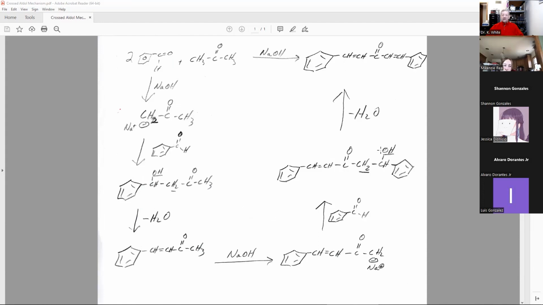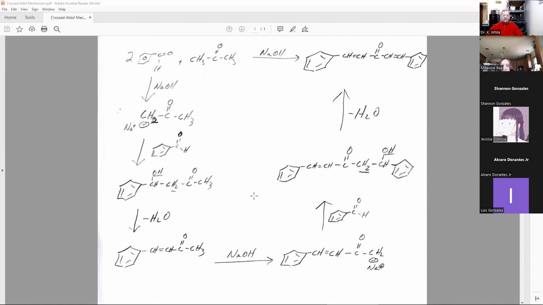If you can lose a stable molecule, it will do that. H here, OH, water. Between these two carbons, I form a double bond. And now this double bond is conjugated to the ring and to the carbonyl. The whole molecule is conjugated. And that's how you make it. Now, the key step again is the first step. The acetone, CH3, carbonyl, CH3, forms this enolate anion right here.